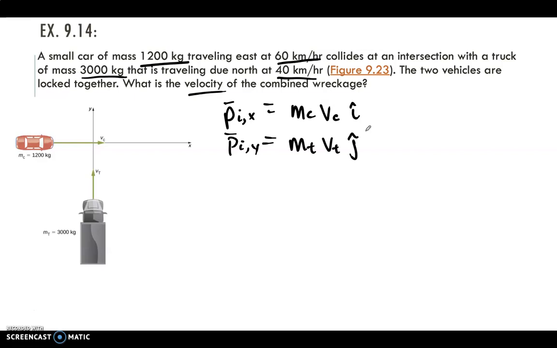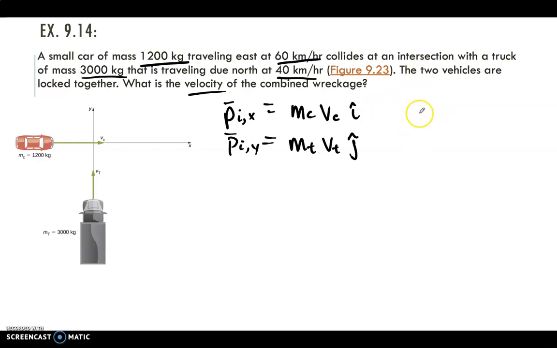Now we need to look at the final. That's where it might get a little bit tricky because we don't know the final velocity in the x and the y direction. Let me think about this for a second.